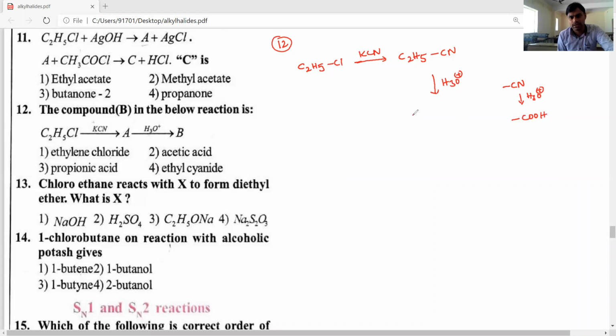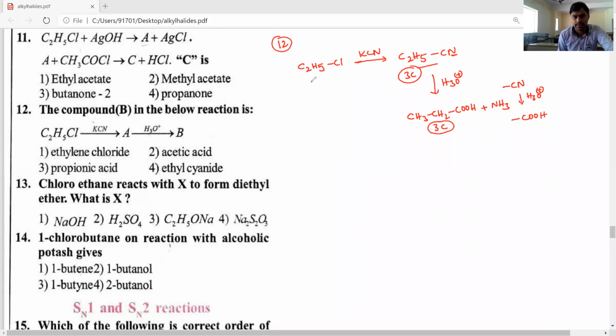Now that CH3 bond CH2 bond COOH. In that hydrolysis of cyanides, how many carbon atoms are present? 3 carbons. The product also has 3 carbons. The nitrogen comes outside in the form of NH3. Okay, students. So the cyanides on complete hydrolysis, the product is carboxylic acids.